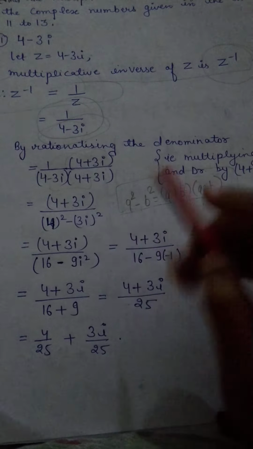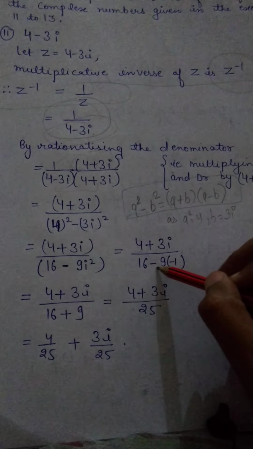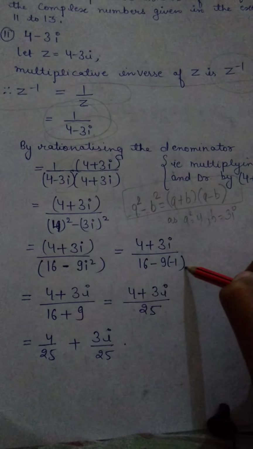So as it is given in a plus b and a minus b form, what is a square? 4 square, and b square will be 3 iota whole square. Now let's move further. 4 plus 3 iota upon 4 square is 16 minus 3 iota square. What will be 3 iota square? That will be 9 iota square, and then finally 4 plus 3 iota upon 16 minus 9 into minus 1.